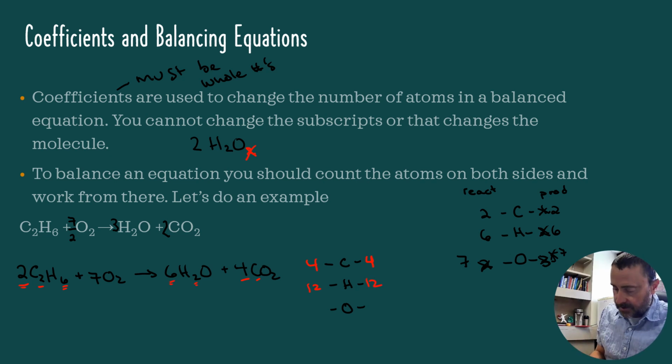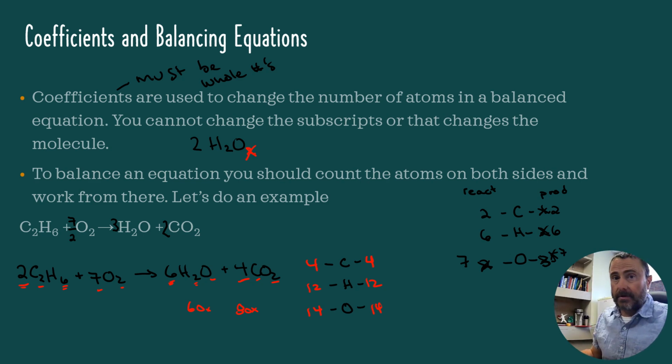And then my oxygens: 7 times 2 is 14. And then 6 times 1, there's 6 oxygens, and 4 times 2 is 8 oxygens, which is 14 oxygens. It is balanced. All right, that's how we balance an equation there.